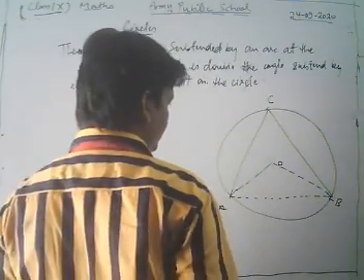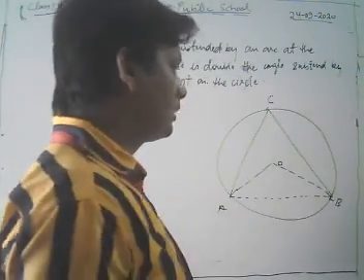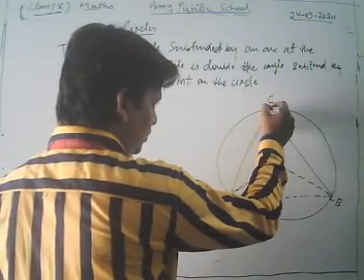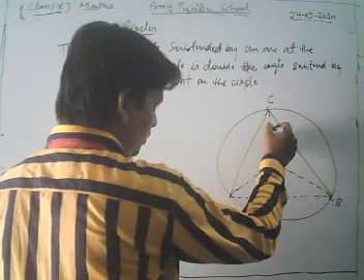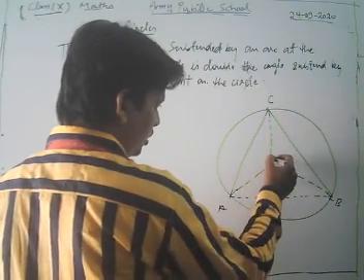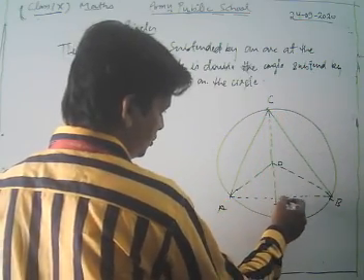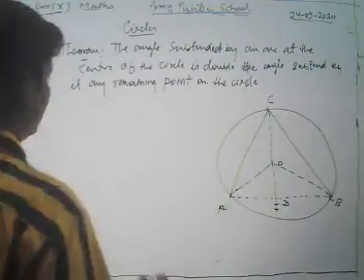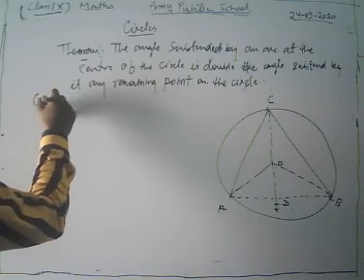And now, dear students, we have to do some construction in that diagram. We join CO and produce it to D. Now look, first of all, we write the given.